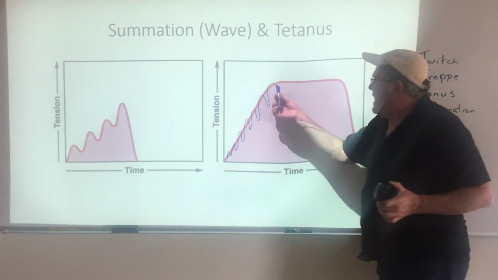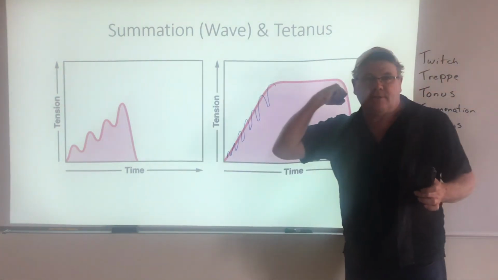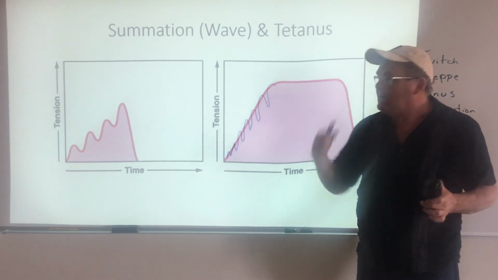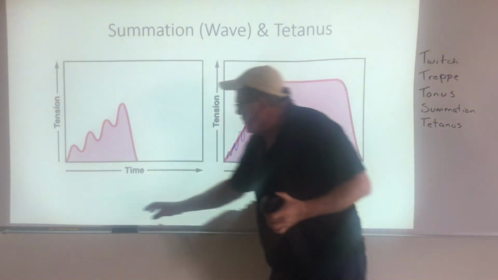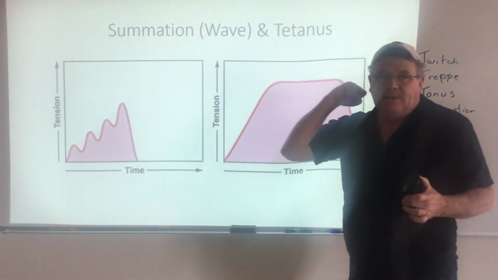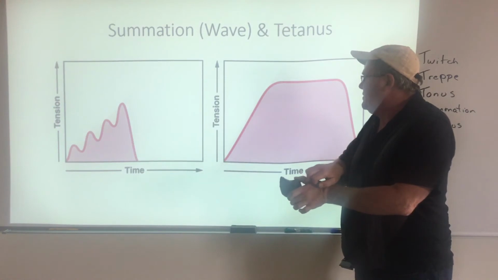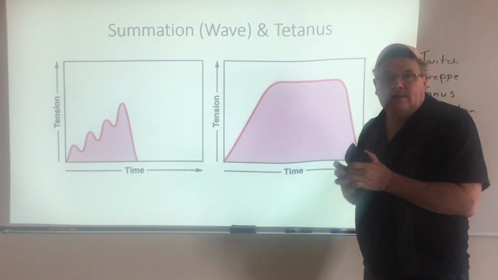Now when we get to the top and it's this continually sustained maximum contraction, kind of like I mentioned before in the world of rigor mortis, when you are at this full-on contraction, all of a sudden we flatline, and this is what we call tetanus.